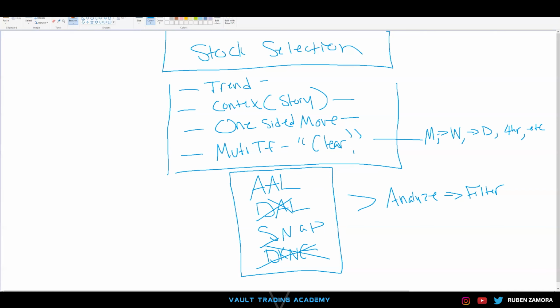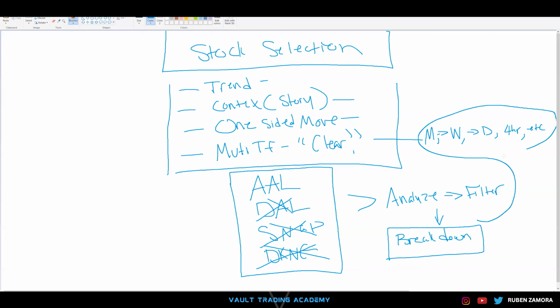Let's say Snapchat didn't make it through, but American Airlines did. So we analyzed, we filtered them out, and now we're going to break it down the best way we can. That is what we're going to do with American Airlines today.